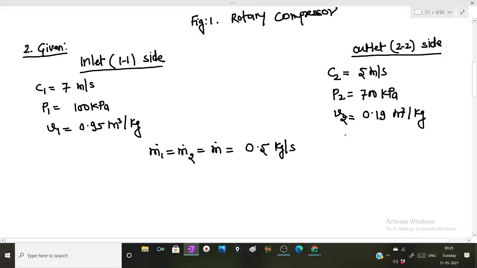Similarly, the internal energy at the outlet is 90 kilojoule greater than the internal energy at inlet, or U2 minus U1 is equal to 90 kilojoule per kg. This is also given on the outlet side.